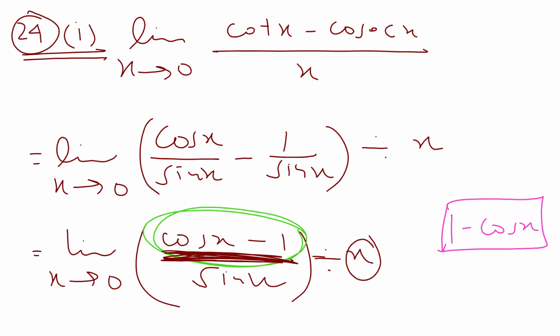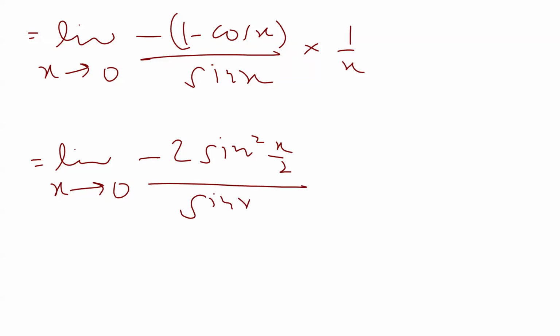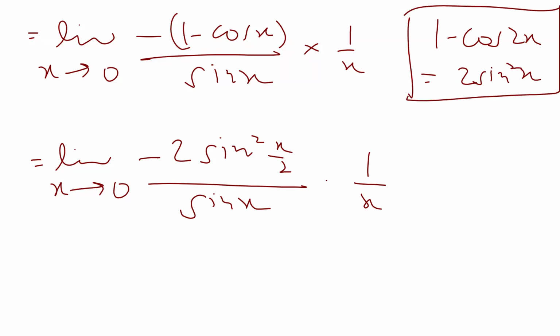I reverse this by taking the minus sign outside: a minus b can be written as minus of b minus a. So limit x approaching 0 minus of 2 sin square x by 2 upon sin x into 1 by x. See, 1 minus cos 2x is 2 sin square x, so 1 minus cos x will be 2 sin square x by 2.